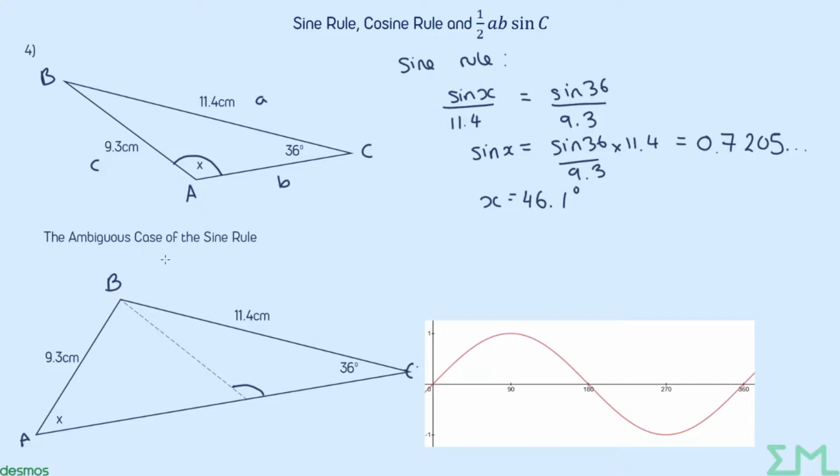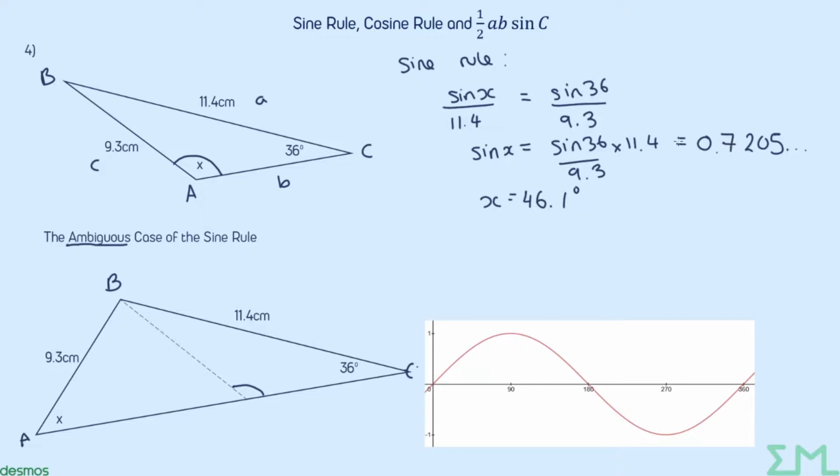Okay, so it's an ambiguous case because given the information, if we didn't have the diagram, if we just had the information of the 2 sides and the angle, we would not know which triangle we were supposed to be using.